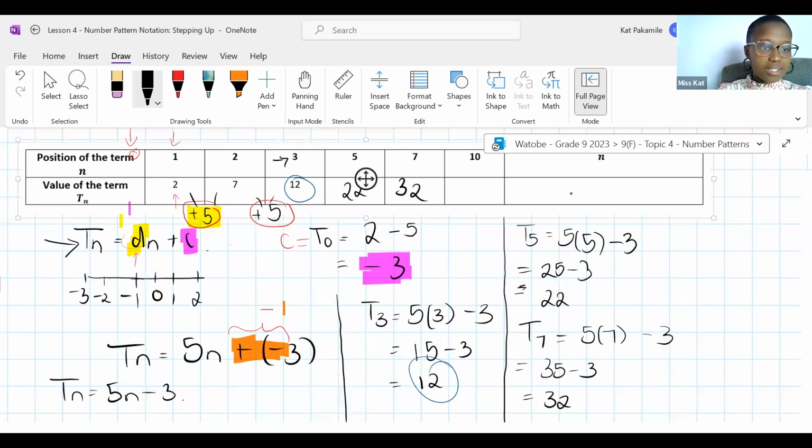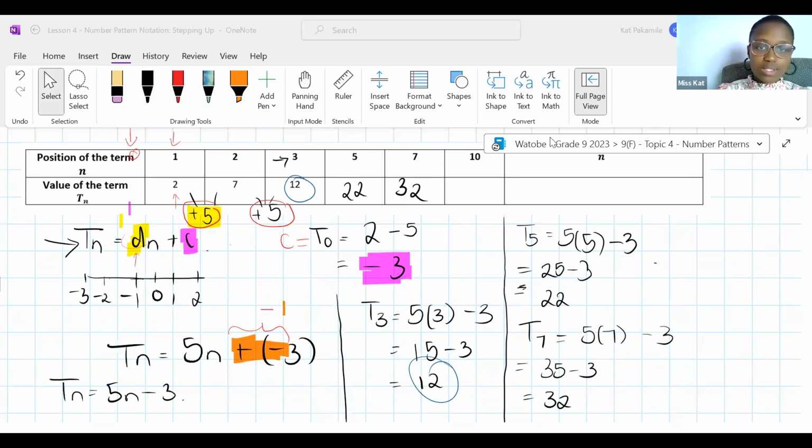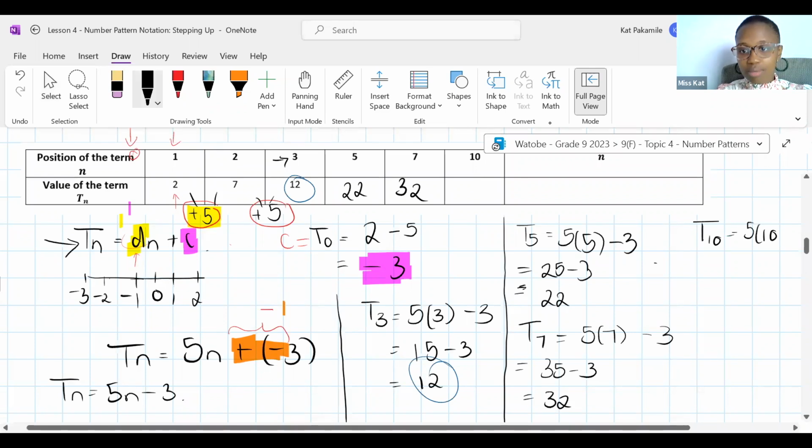Okay, I see some sort of consensus. For 10, you say T10 equals 5 times 10 minus 3, which is 50 minus 3, which is 47.